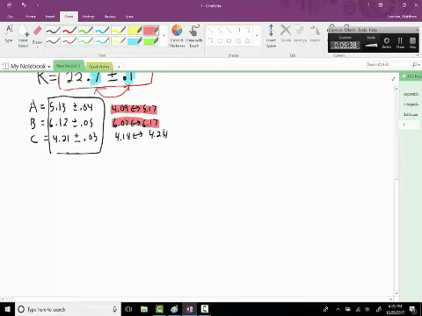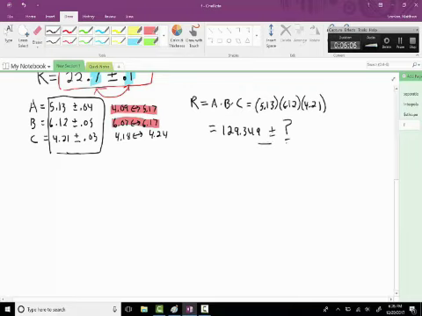Okay, in this case, I'm going to take my result, R is equal to A times B times C, which is really easy. That's 5.13 times 6.12 times 4.21, and I get a value of 129.349. Now what I want to know is, what is the plus or minus value?